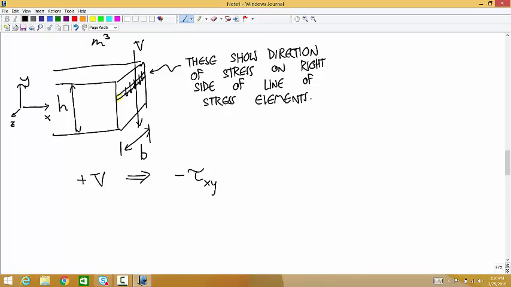Like if you blew one of those stress elements up, it would look like this. That's how XY might be used to be seen as sigma XY? That's right. Yep, those are interchangeable. So tau is what people use when they're talking about shear stresses, or you can just use this. Negative, yep.